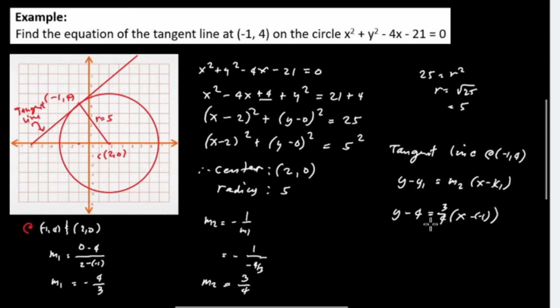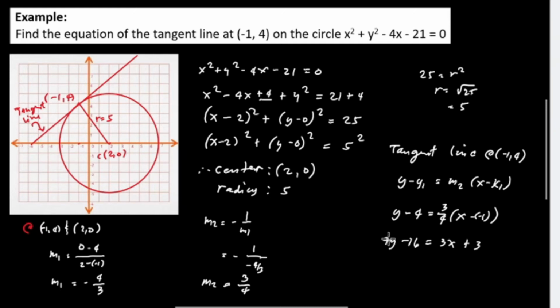Cross multiply by 4, so 4 times y, that's 4y, 4 times negative 4, that's negative 16, equal to 3 times x, or 3x, and 3 times negative 1, or 3 times positive 1, that's positive 3.